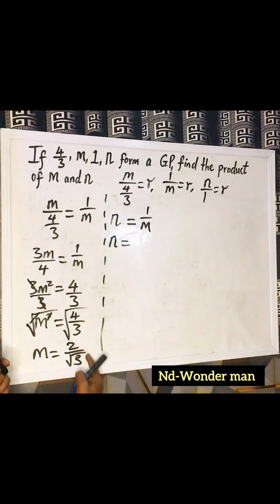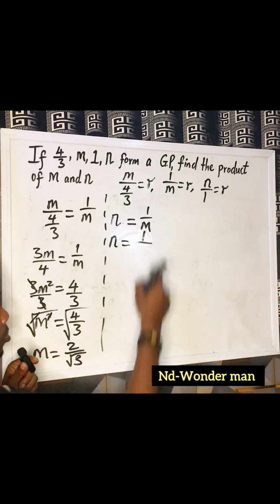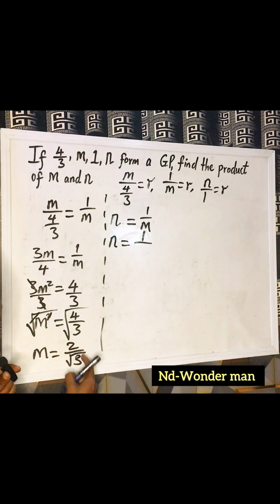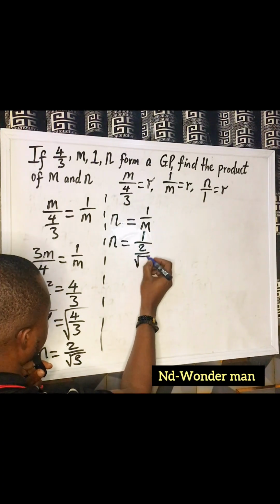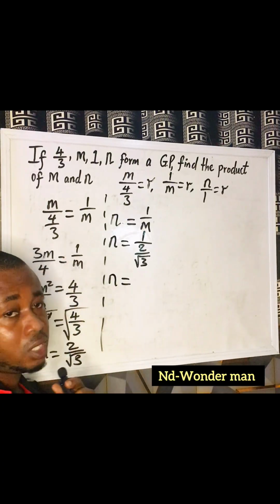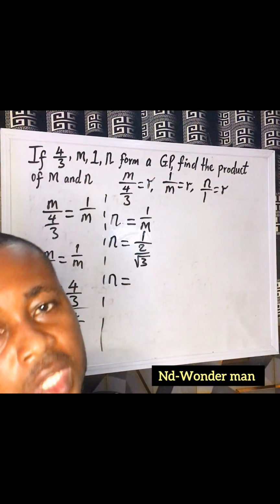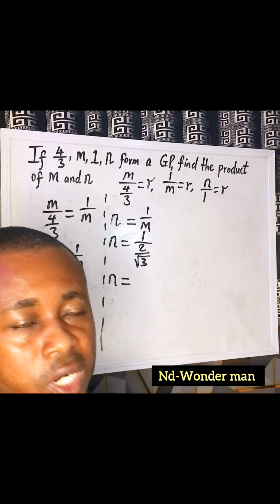m is 2 over root 3. So anywhere we see m, we substitute it with the value of 2 over root 3. That's what m is. So n becomes 1 over 2 over root 3. Each time 1 is being divided by a fraction, you need to take the inverse of that fraction.